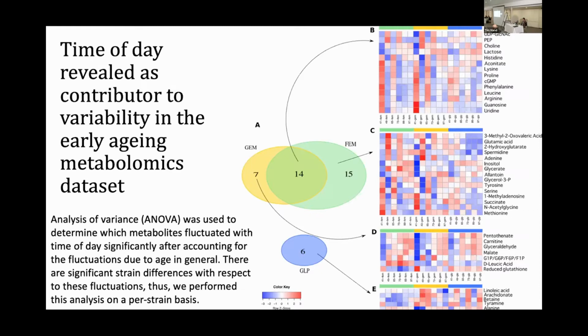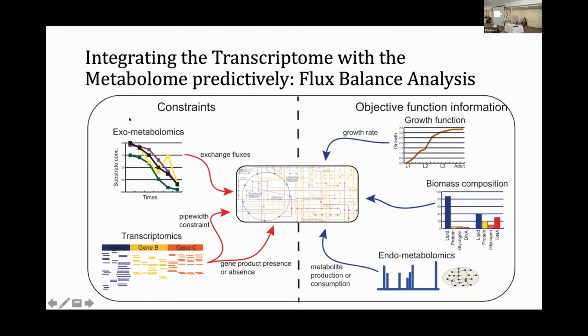I mean, this is probably well known to people who study metabolism routinely, but we observed it also with the worms. So then we faced the challenge of how do we integrate the transcriptome data, which was having these very different properties, and the metabolism data.